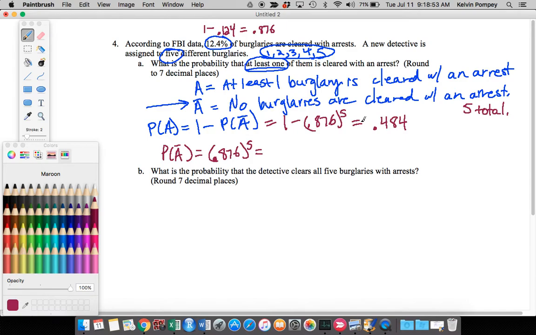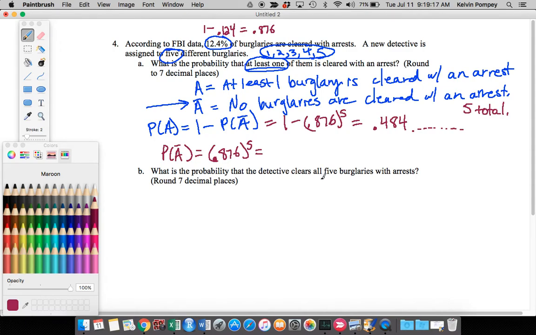All right, let's go to part B. What is the probability that the detective clears all 5 burglaries with an arrest, right? Well, we have 5 burglaries. By the way, this says to round to 7 decimal places, so you can probably go further here. What is the probability that the detective clears all 5 burglaries with an arrest?